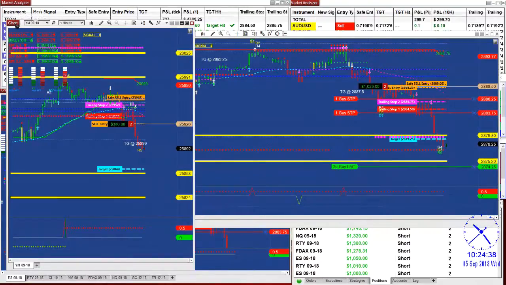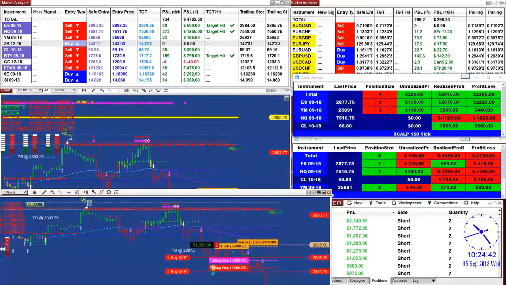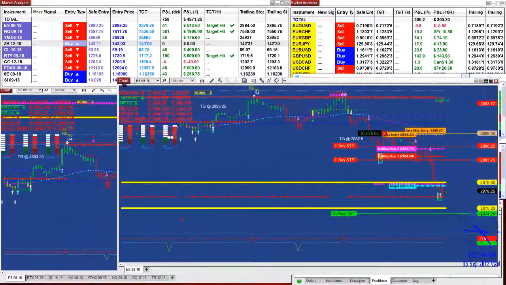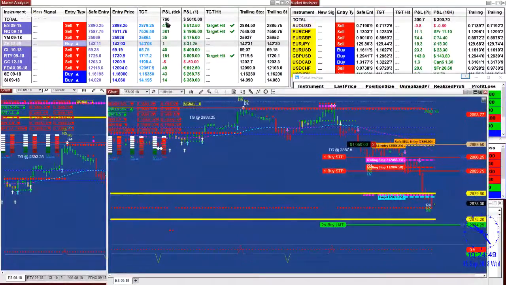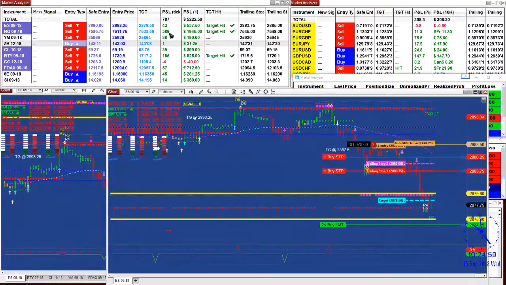Now, if we look at the market analyzer, we are 769 ticks in profit: 42 ticks on the ES, 388 ticks on the YM, 377 on the Nasdaq.